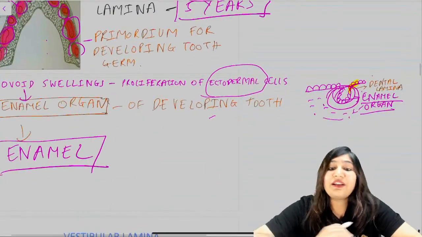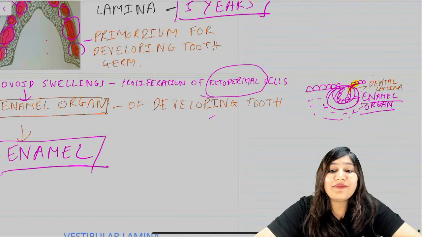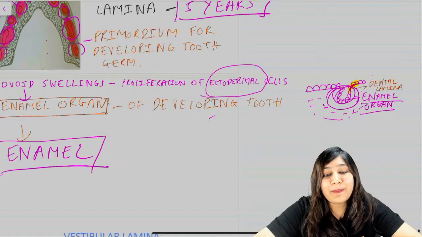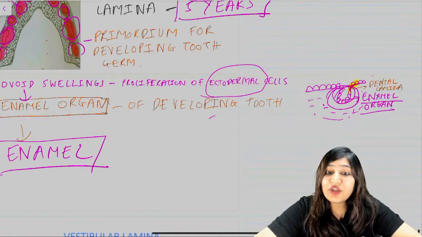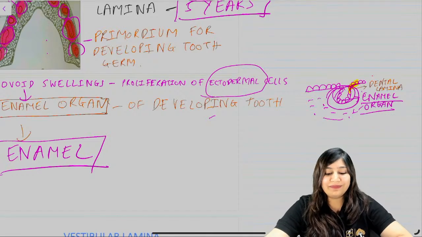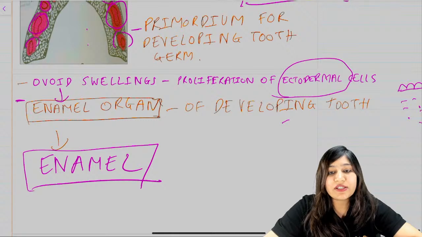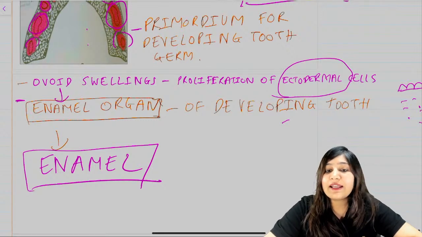So we have our question answered, that all the dental tissues except enamel are formed from neural crest cells. And why? Because enamel is mainly an ectodermal structure derived from enamel organ. Remember this. This is an important MCQ question. Can be asked in INICET, can be asked in your NEET, can be asked in your viva.